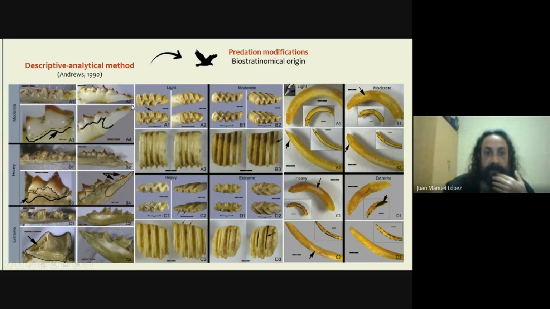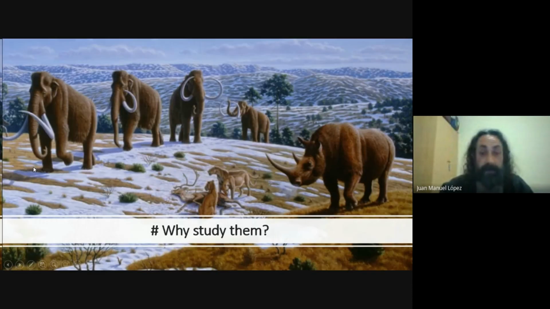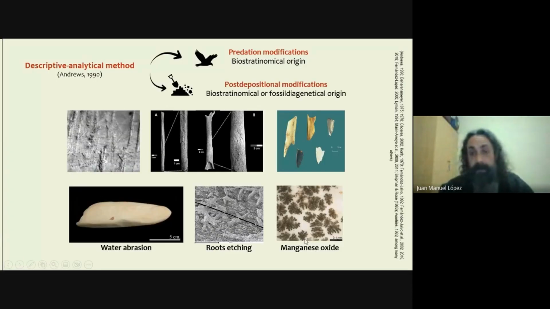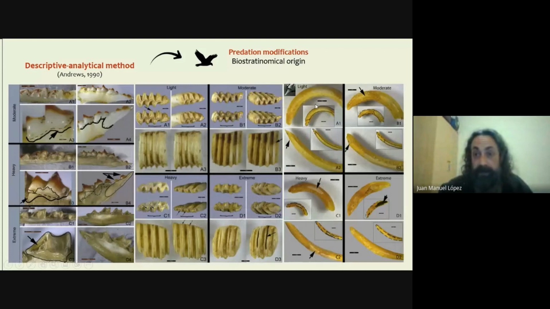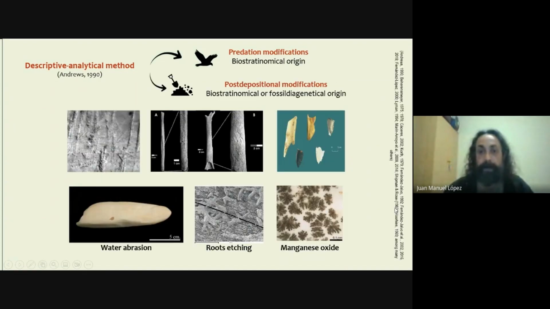This is the occlusal surface, and this is the lateral view of teeth. This is a lateral view of the mandible of a shrew. And also incisors of rodents, an upper incisor and a lower incisor, with different kinds of digestion: light, moderate, heavy, and extreme.